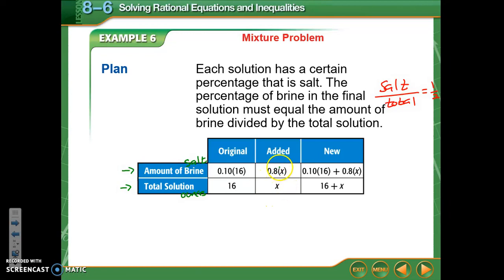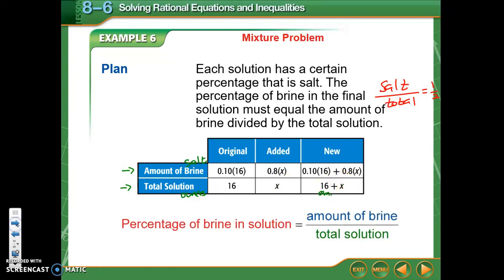So that's my x. The amount of salt will be 0.8, 80%, times the amount of ounces that I add to my solution. So here I have my total, right? The total amount of salt will be 0.10 times 16 plus 0.8 times however much I add. And the total solution is 16 plus x, because I started out with 16 ounces, and I'm adding an unknown amount of ounces.